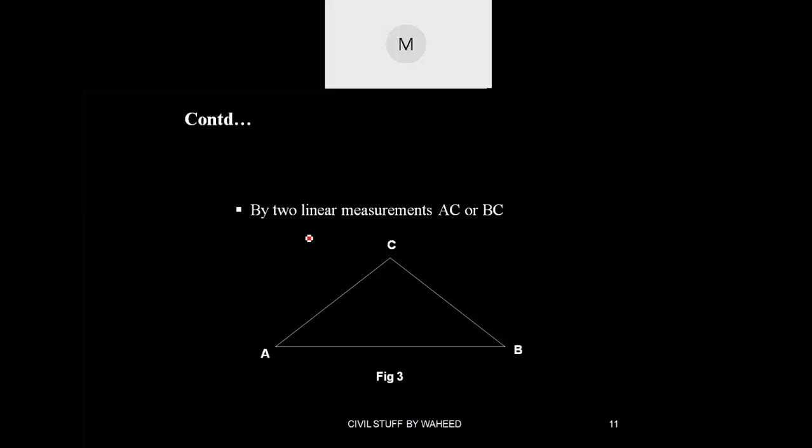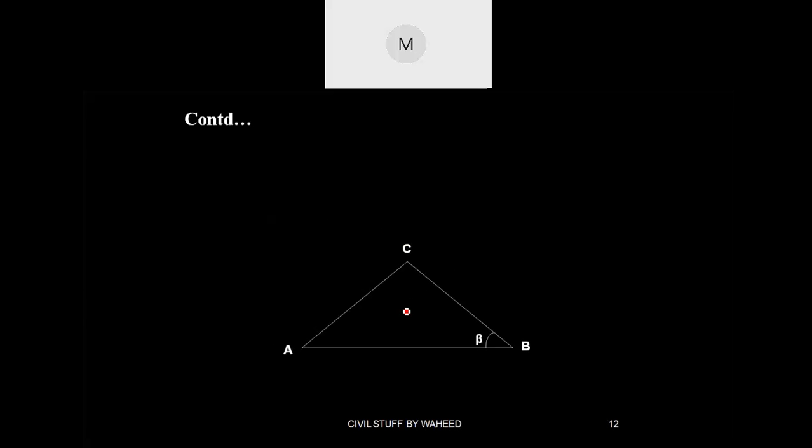Here, I know the AC distance and BC distance. Draw an arc from A to C and draw an arc from B to C. The point where they intersect is point C. This is the linear method. And by angular measurement and linear measurement, I know the AC measurement, but from B I know the angle beta.